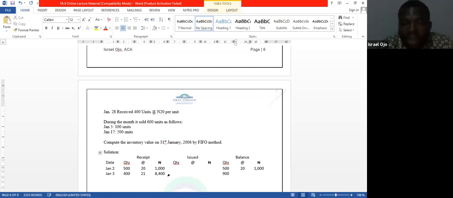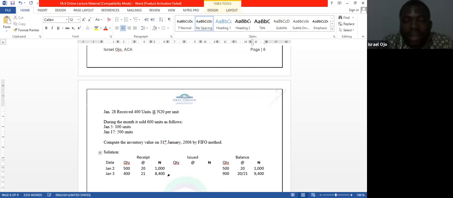So the best thing for us to do is put 20, the one that is existing before, slash 21. If we have this, it means that we have two different consignments that have two different prices. Then you come back to the naira sign. You say 10,000 plus 8,400 will now give us 18,400.